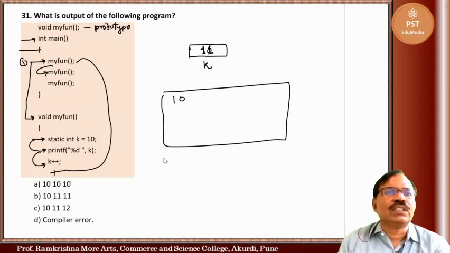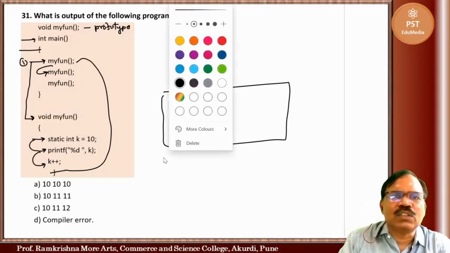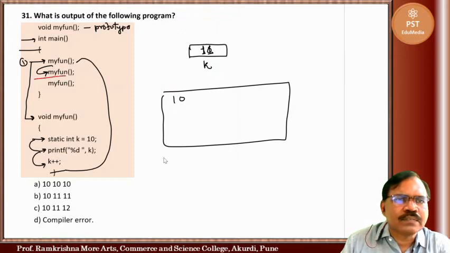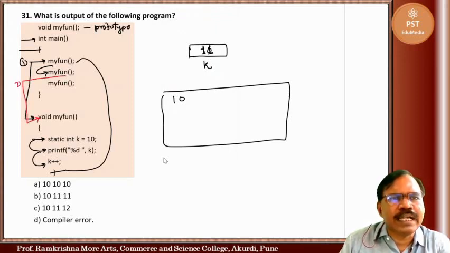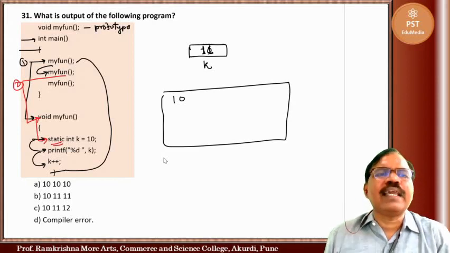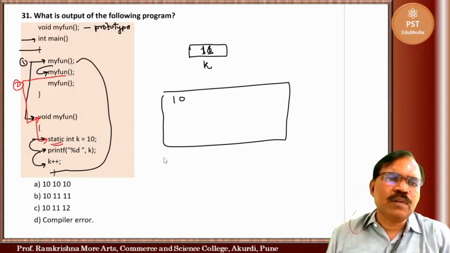Now end of function, so it goes to calling point and then it goes to next function. Again my function is called. So it enters in this. So this is second call. And then it goes here. But here you have declared k as static. So it will not take k equal to 10 again.